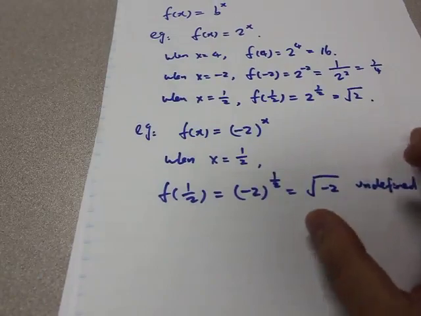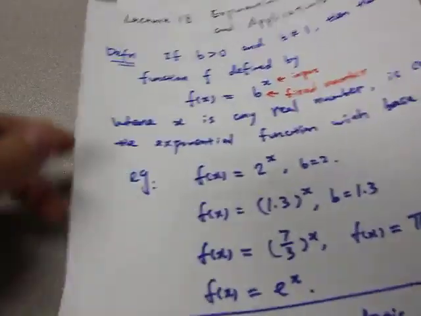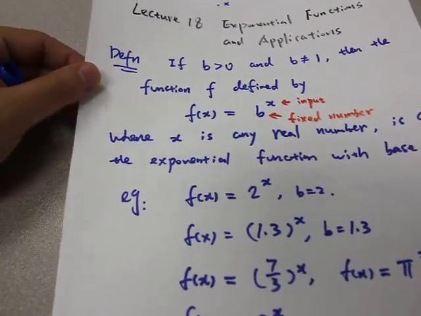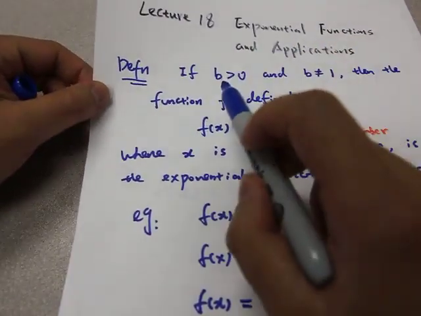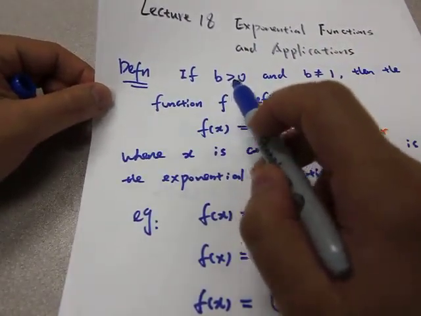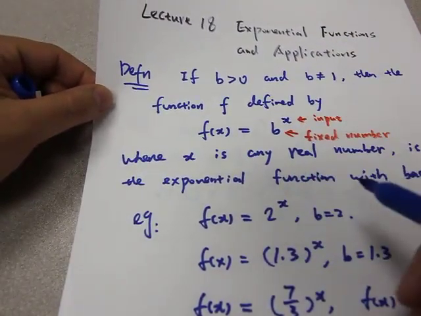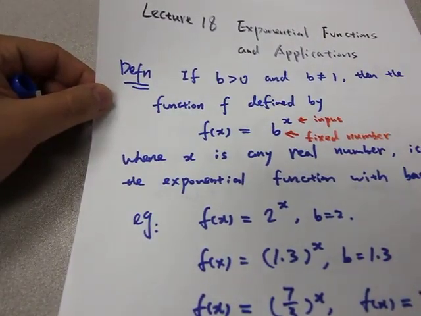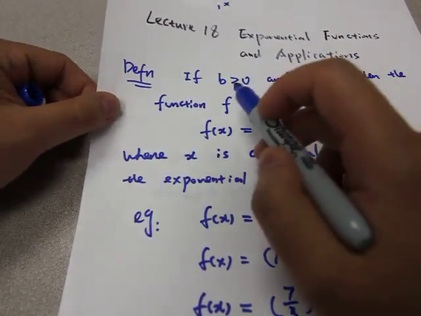So that's why when we define an exponential function, we need b to be a positive number.